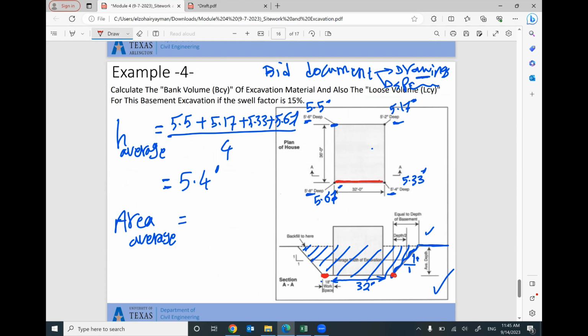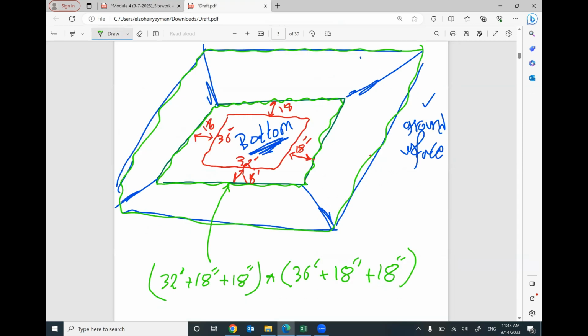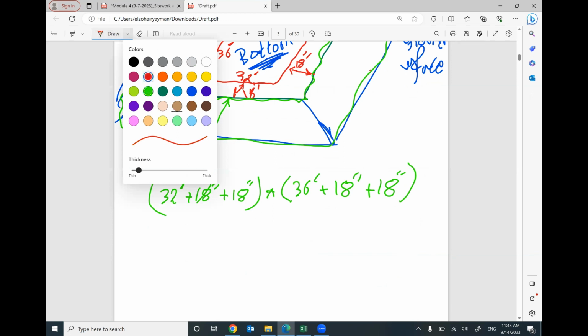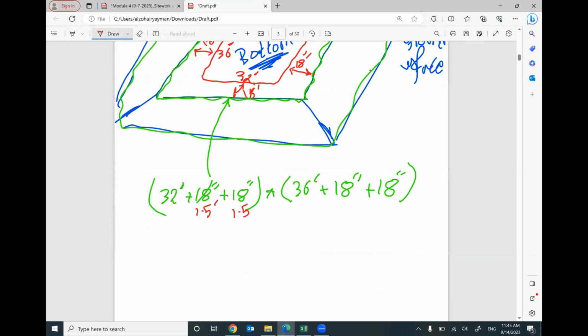It's the 32 plus 18 inch from this side and the 18 inch from the other side. And also for the 36 in this direction, I have to leave 18 from this side and 18 from this side. So 18 inch, by the way, is 1.5 feet. So the area at the bottom will be 35 feet by 39 feet. Does that make sense?